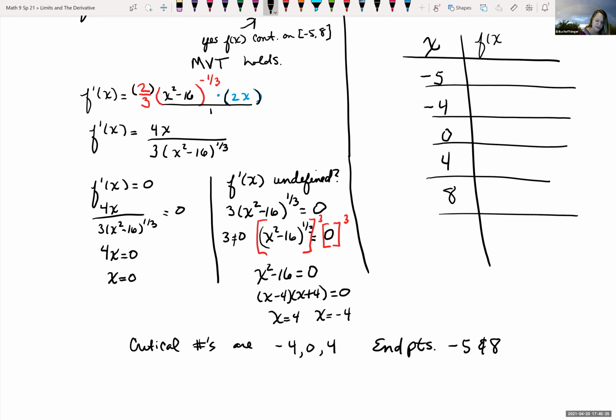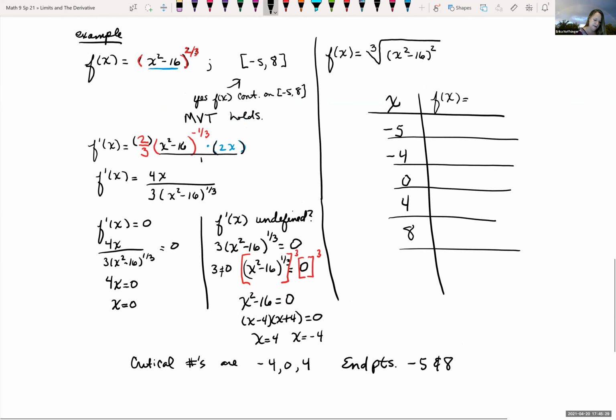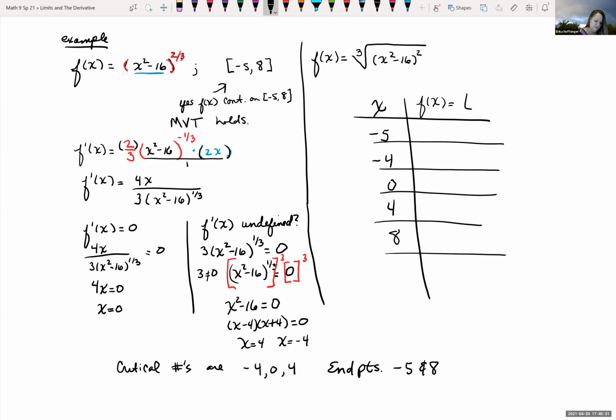Plugging it back into the original function, to me it might be easier just to do it this way, but we can also plug this into decimals if we want. X squared minus 16 raised to the 2/3.